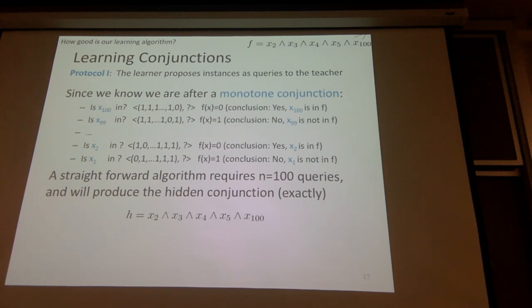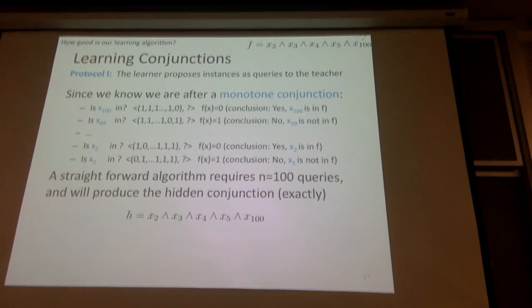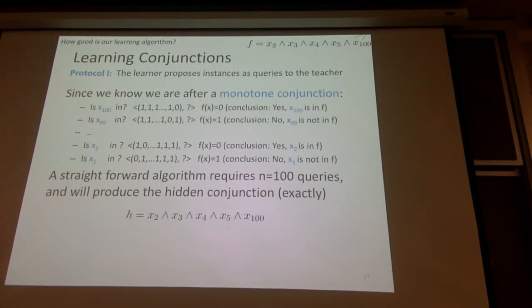What I just answered here is the answer to the question of what is the difficulty of learning monotone conjunctions under active learning. And the difficulty is the dimensionality of the problem. If there are 100 features, you need 100 queries.